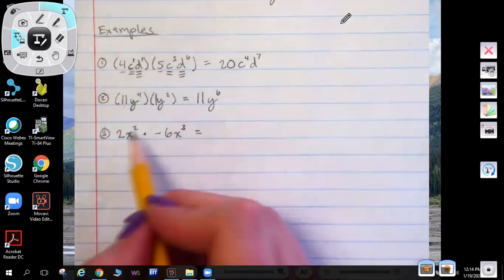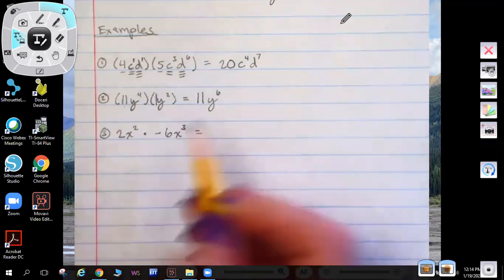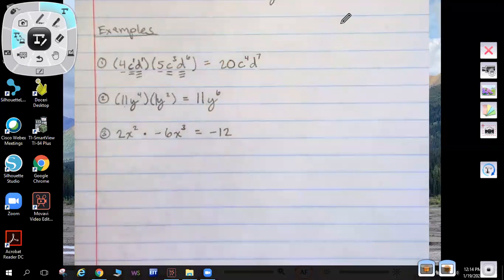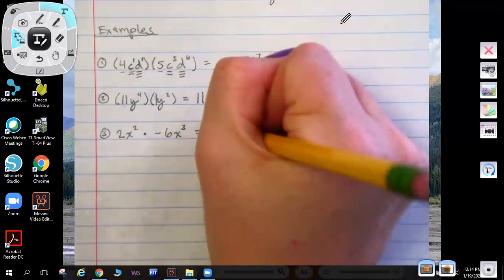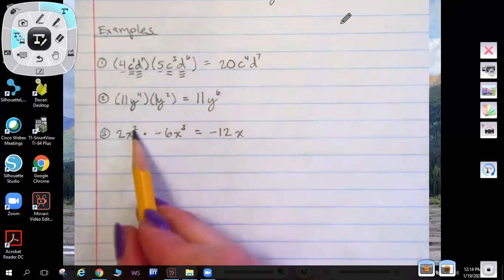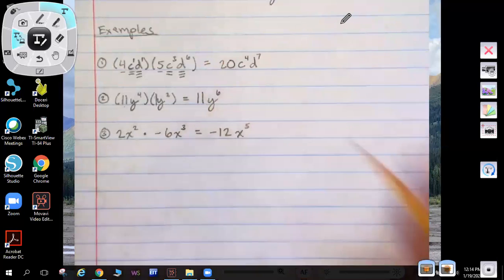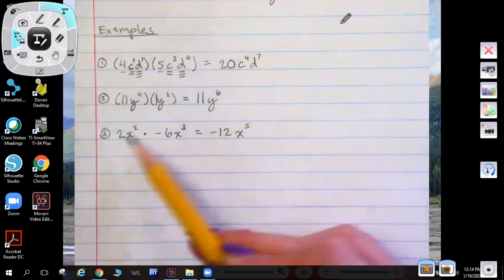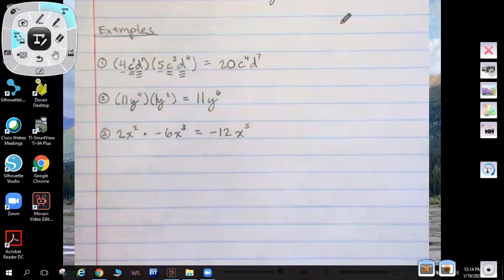Okay, so we work it the same way. Multiply the coefficients. 2 times negative 6 is negative 12. x squared times x cubed is x, and 2 plus 3 is 5, so it's x to the 5th. Most common mistake is multiplying the exponents rather than adding them, so be careful there.